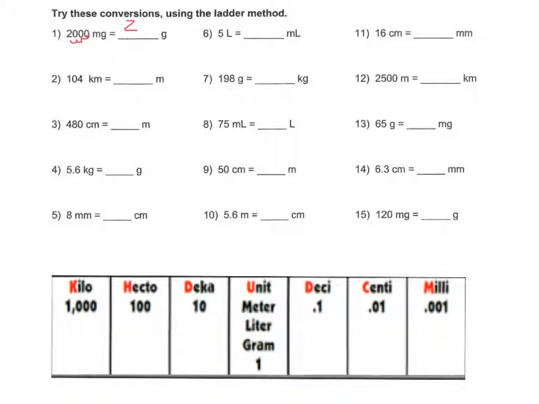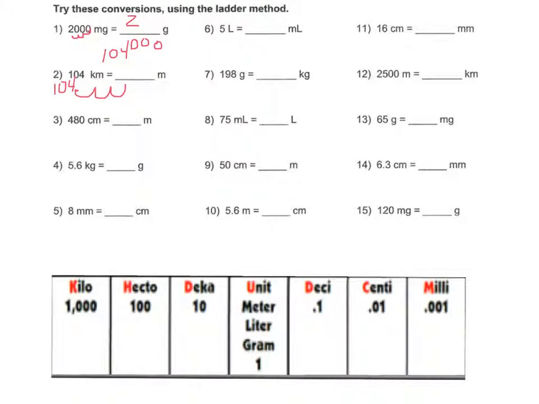Now let's come over here and we have 104 point. We're going to move the decimal 1, 2, 3 times. So our answer would be 104,000 as our answer.